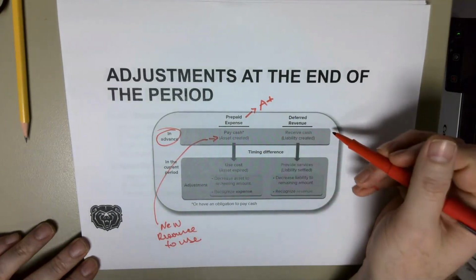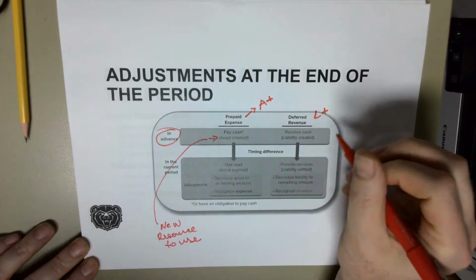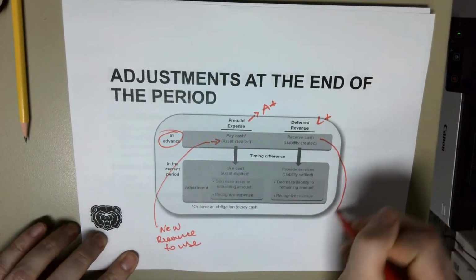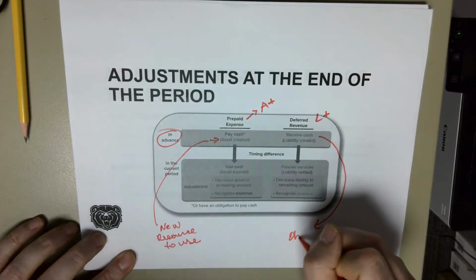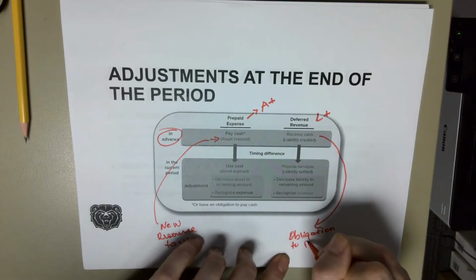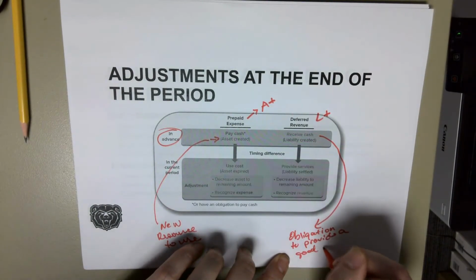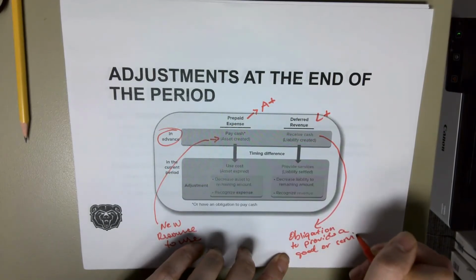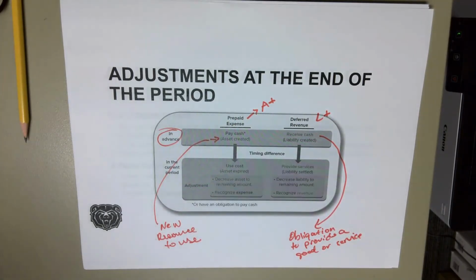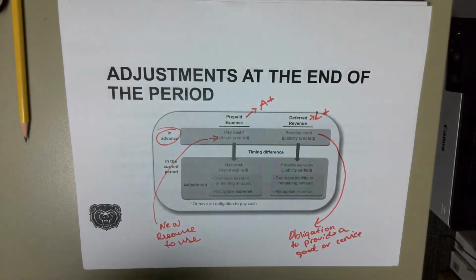If we receive cash in advance, this is an increase to liabilities, right? If we receive cash, now we've created an obligation to provide a good or service. Those are liabilities, right? We know that liabilities are obligations that we have.